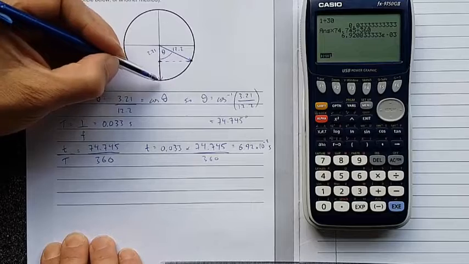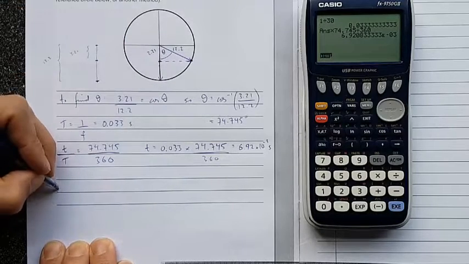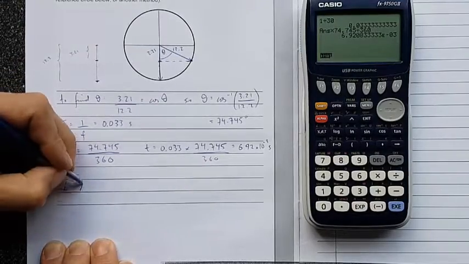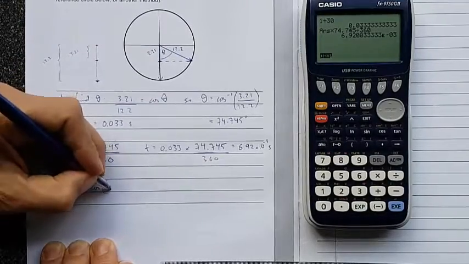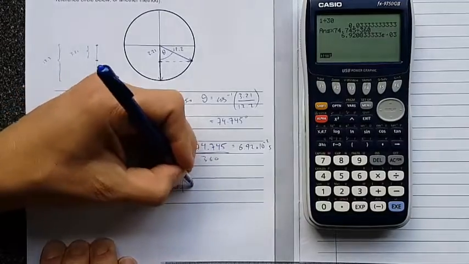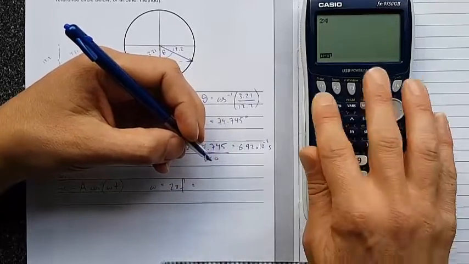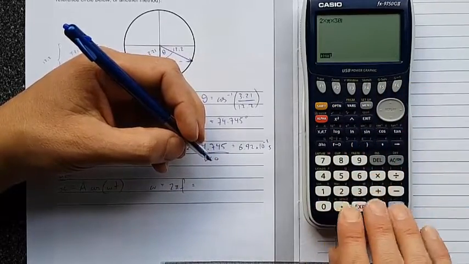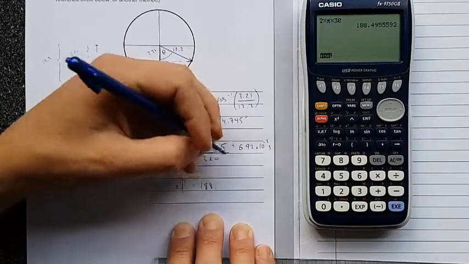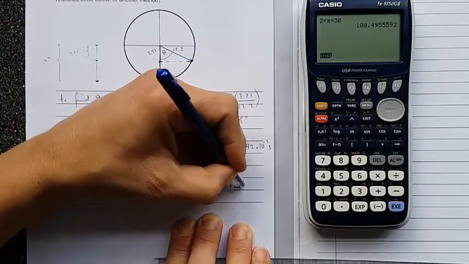So in this case, the oscillator starts at maximum, so we're going to use the displacement. x is equal to A cos omega t. Omega is 2 pi f, which is 2 times pi times 30, which is 188.5, we can say, radians per second.